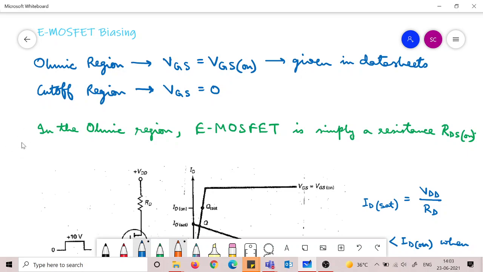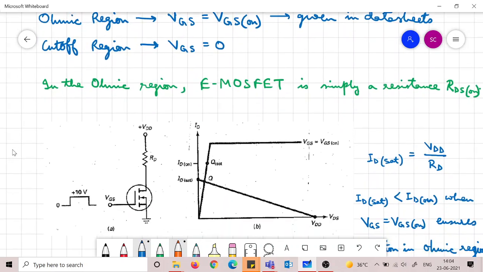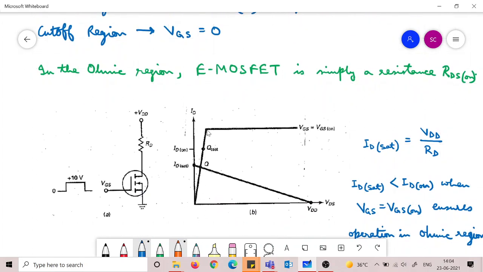This is the important part, and for that some VGS on voltage is given in the data sheets. Now as you know, for a particular positive voltage the characteristics would look like this. It would have a saturation region and it would have an active region also.